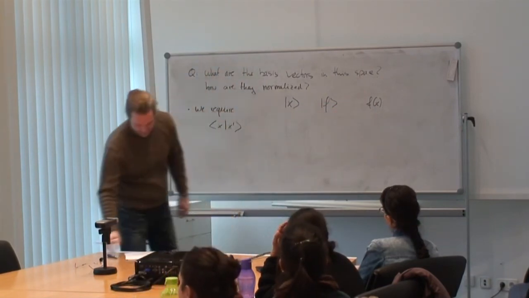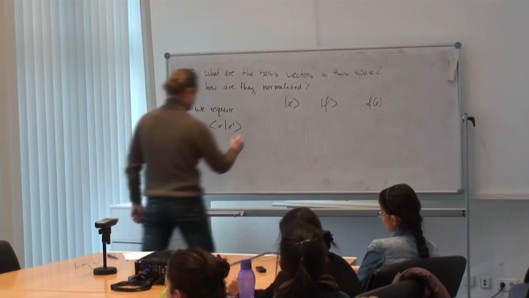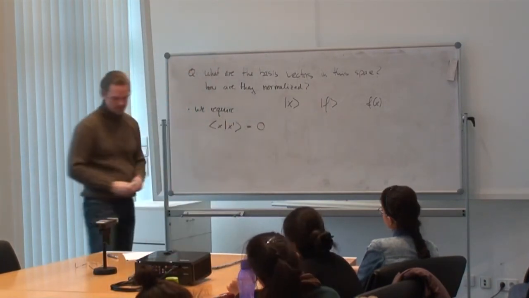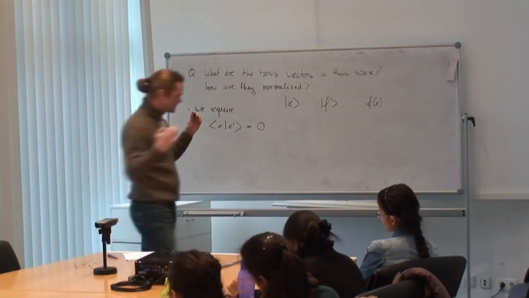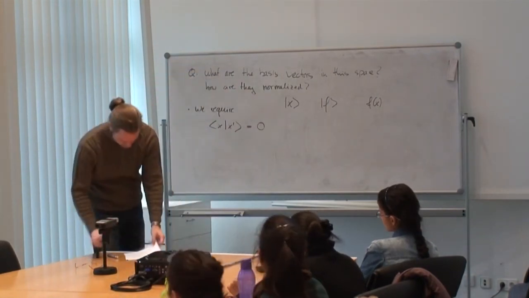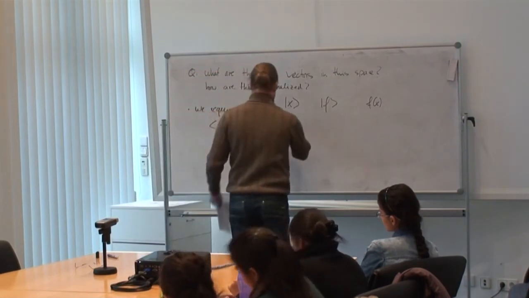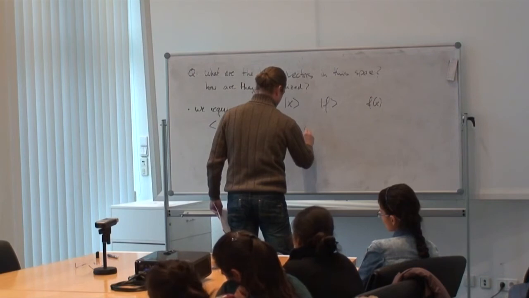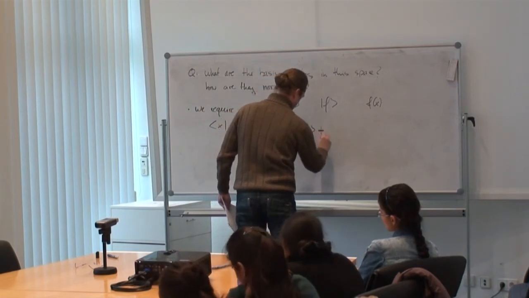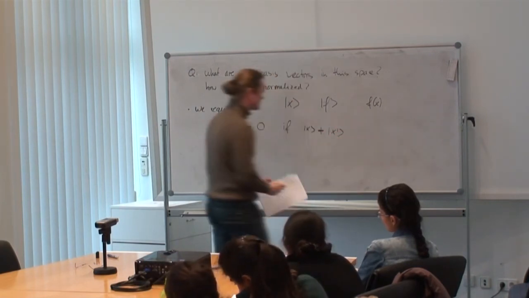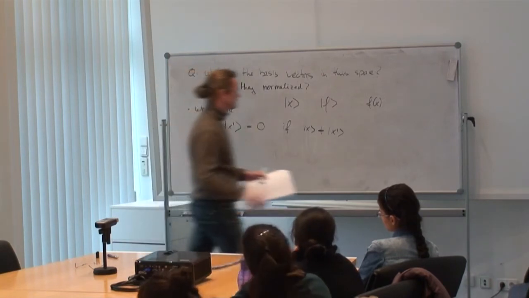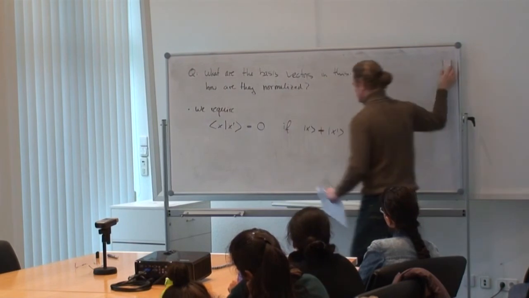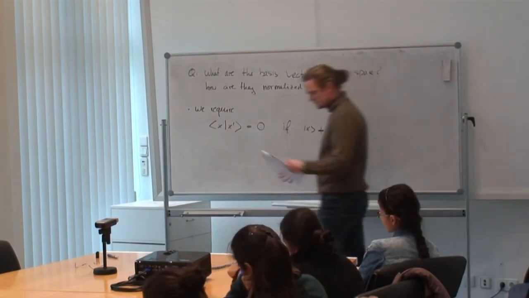Right? So we require that if we compute the inner product between x and x prime, that this is 0 if x is not equal to x prime. And this prime is not the derivative, it is just another basis vector. So this is a good idea.